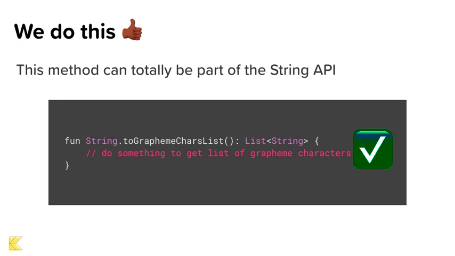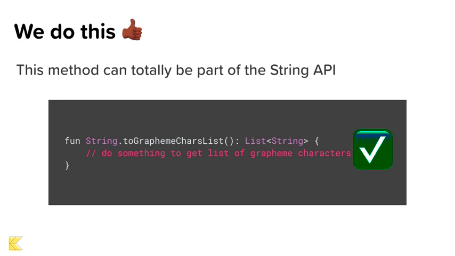So if you have a lady typing at a computer, that's actually a lady face and a computer and maybe even a skin tone. And those can be represented by more than one Unicode character. So if you do string.toCharArray, you will get all those as individual characters where you might want to get them as actual emojis. So this method, toGraphemeCharList, is actually exposing a list of the proper emoji characters.